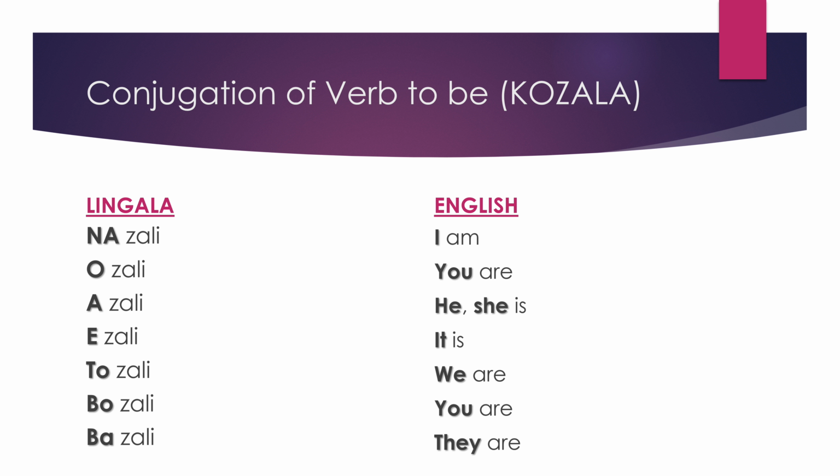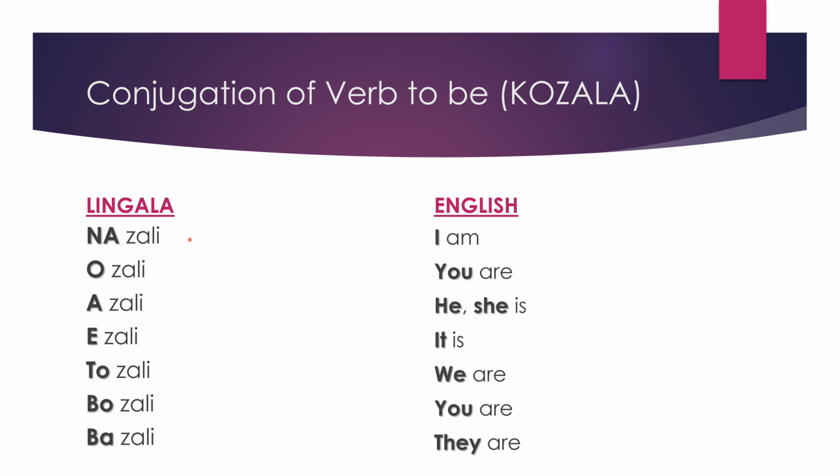Okay, since you already know from the previous slide the rules to conjugate the verb kozala, which is to be in English, now let's conjugate it in the present tense in Lingala. As I said, you remove ko from the infinitive form, you stay with zala. You remove a at the end of zala, you stay with zal.